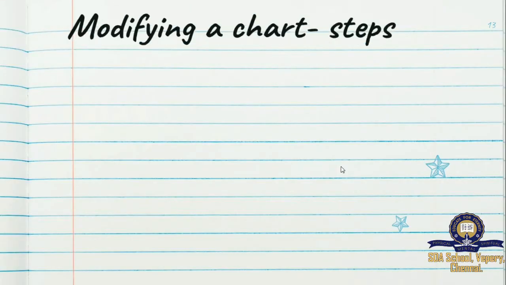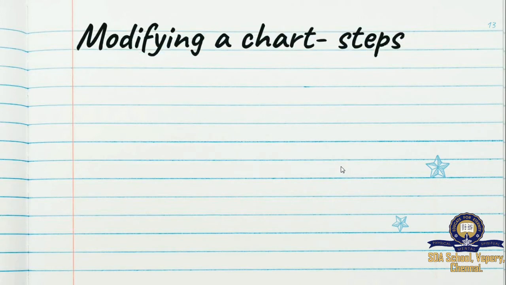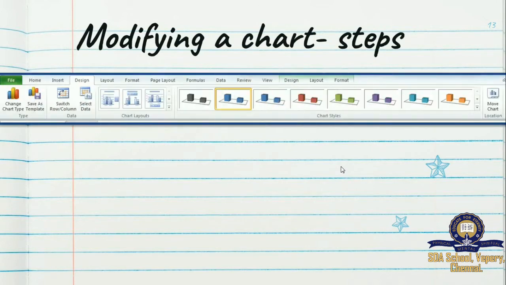And next one, modify a chart. Again, using those three chart tools, how can you modify? What does modify mean here? If you want to change the pattern of my chart, I can change it. Where can you see it? Here, design. So how many chart tools did we see now?